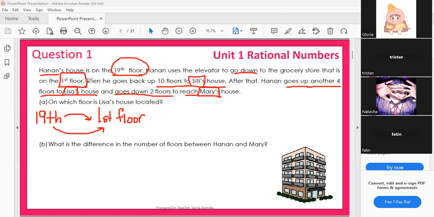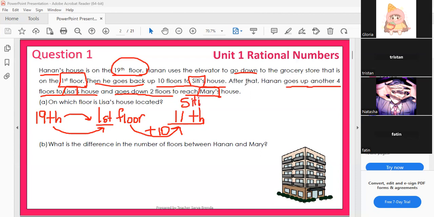Remember that. Then he goes back up 10 floors. From the first floor, he goes back up 10 floors. So where will he reach? He's already at the first. If he goes up 10, he is going to reach the 11th floor. And that is going to be Siti's house.